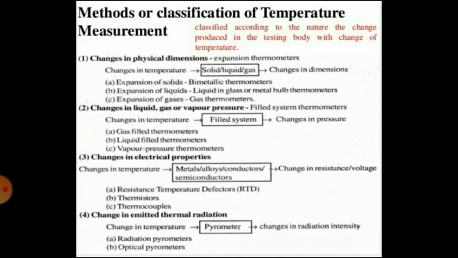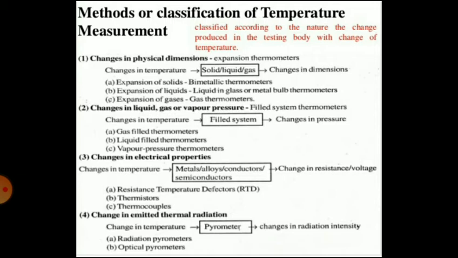Next is the classification of temperature measurement methods. This classification is according to the nature of the change produced in a testing body with change of temperature. First category is changes in physical dimension.